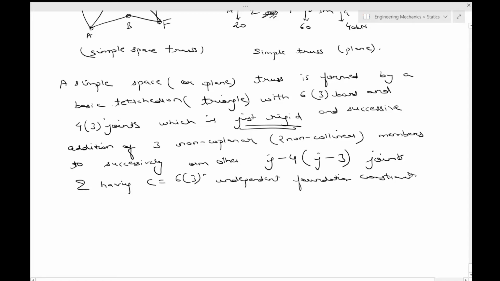Just because it is just rigid, there is always this motion as a rigid body as a whole. So the degrees of freedom are 3j minus b minus c equal to 0 for a space truss, and clearly it will be 2j minus b minus c equal to 0 for a plane truss.